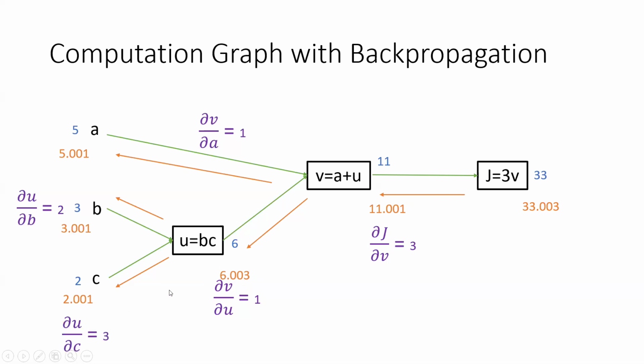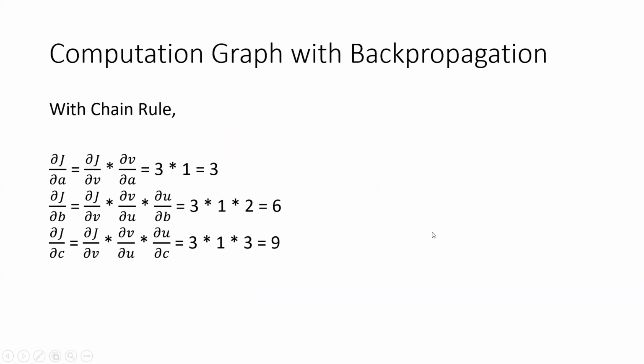Then ∂u/∂c is 3, right? Similarly, you can see how we have calculated the partial derivatives of the right hand side variable with respect to the left hand side variable, and we can find the partial derivatives. So if you can remember all these partial derivatives, you can use the chain rule.